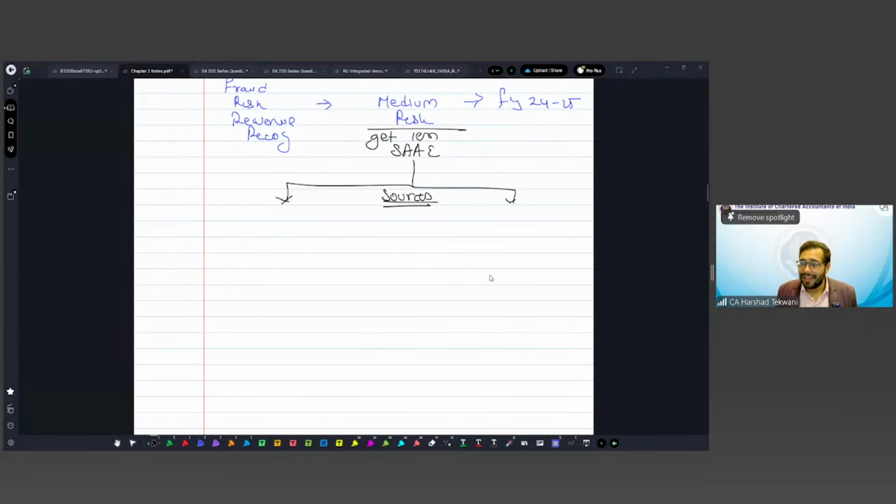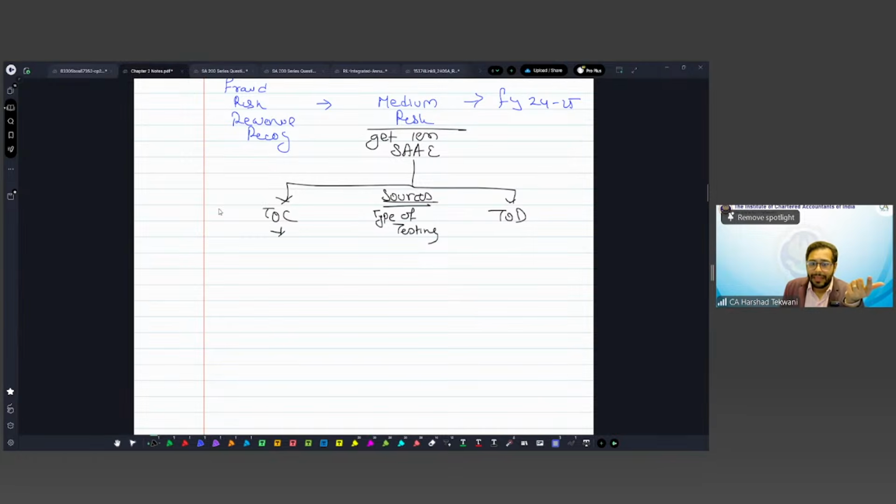Two types of testing. Basic audit 101: test of controls and substantive testing. TOC, TOD. Test of controls, test of details.